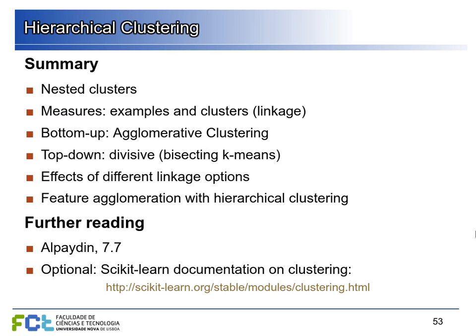Then we saw two approaches to hierarchical clustering. Bottom-up, where we start with the examples isolated and we group them together in sequence until we have everything in one cluster. If we do that all the way to the end, we get the hierarchical tree. Until we reach the end, we have disconnected branches of the tree.